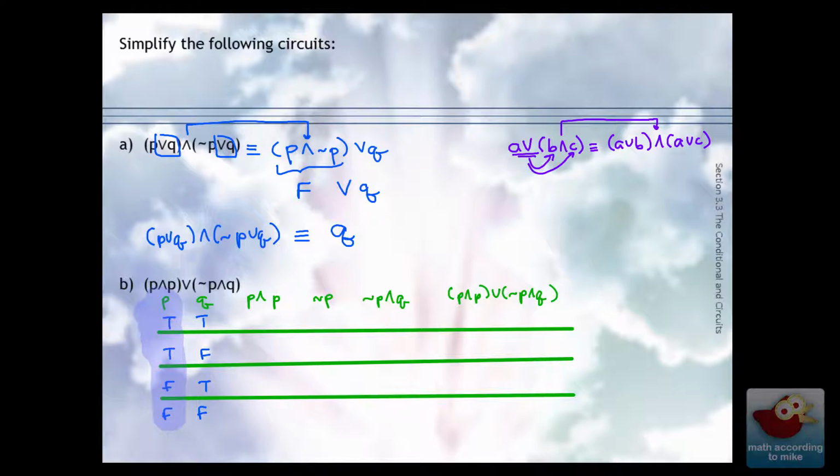We are putting P with itself as an AND statement. So an AND statement is only true if both parts are true. So true and true is true. False and false is false. And not P goes back to the very first column there. Not true is false, and not false is true.